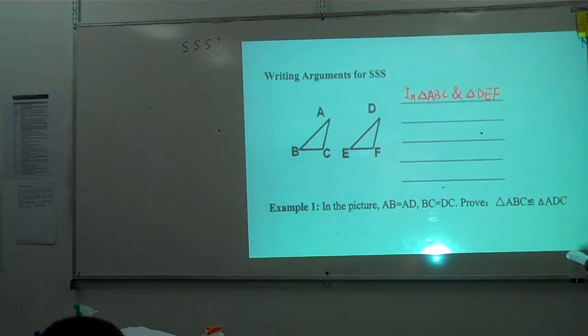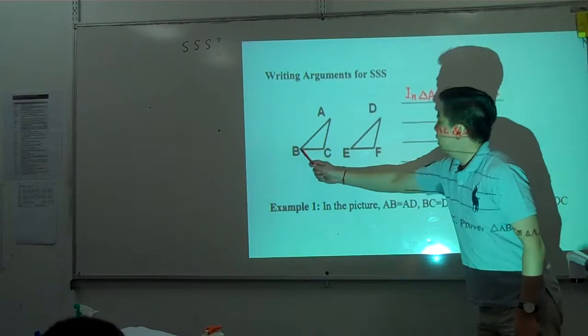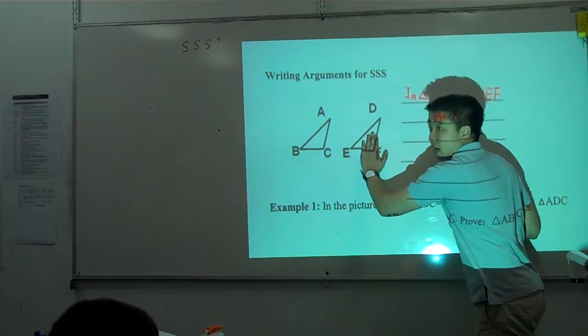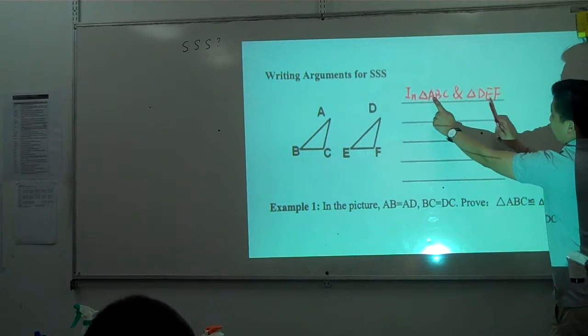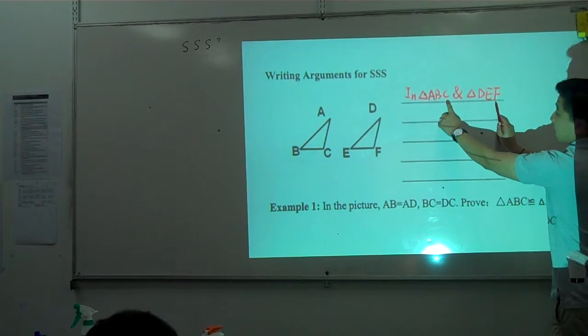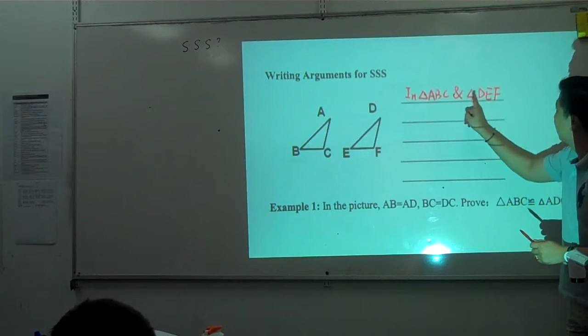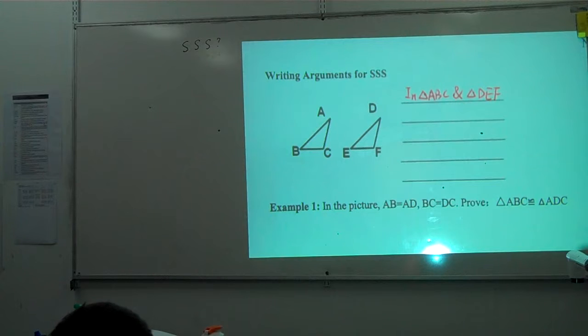Okay? A cover D, B cover E and C cover F. You move this one here, they can cover each other. So you have to write in the corresponding point. The order is very important. A cover D, B cover E, and C cover F.